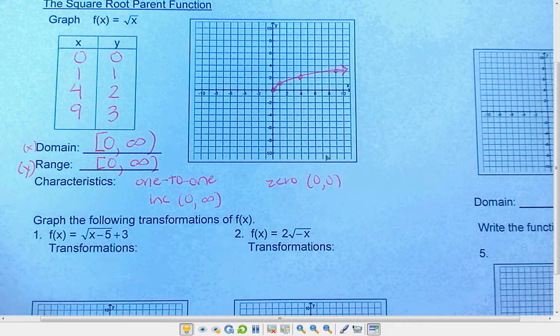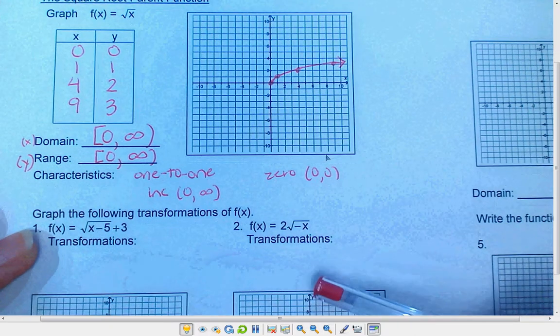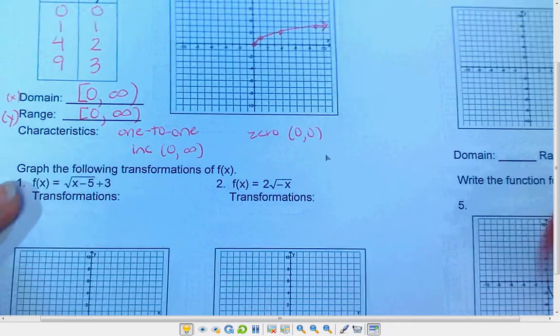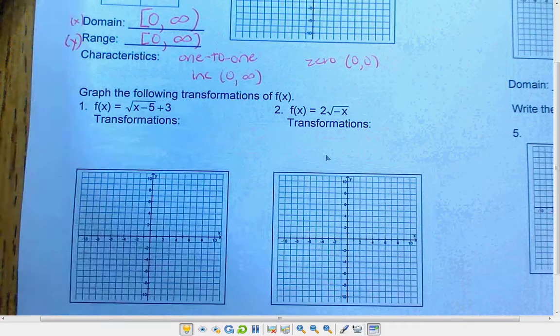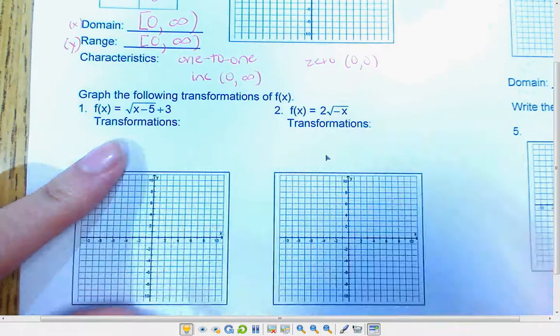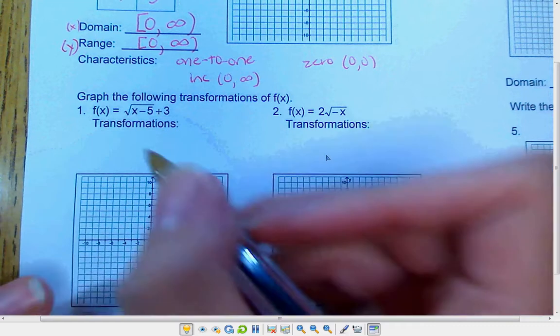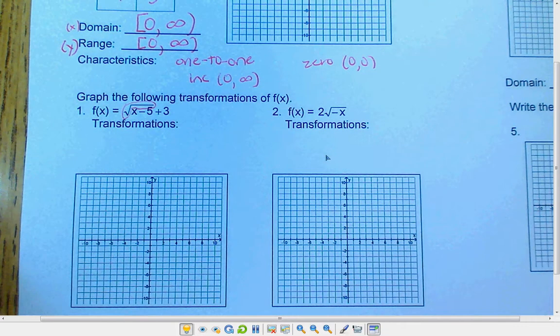Okay, so what we're going to be doing today is graphing transformations, and then also going from the graph back to the equation. So let's take a look at number 1. So just like before, we're going to start off by describing the transformations. The thing that distinguishes this from our quadratics is now we have this square root instead of the squared.